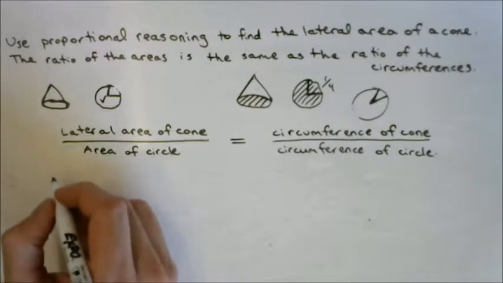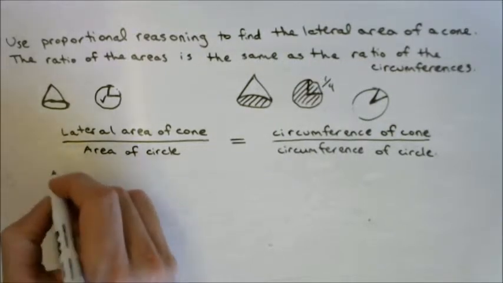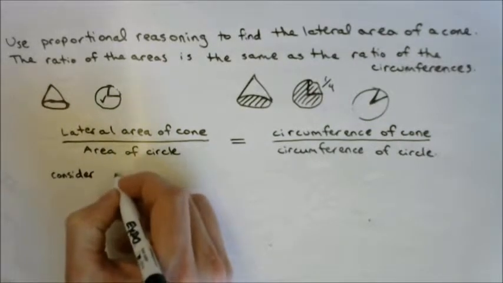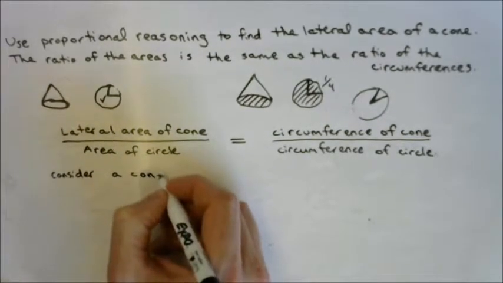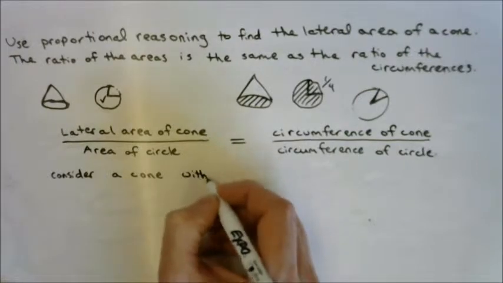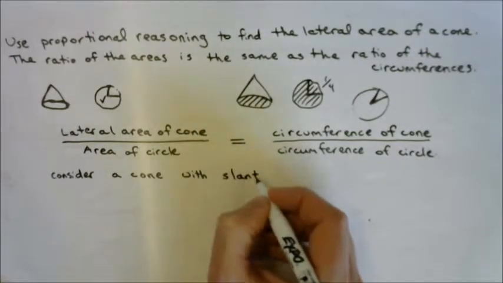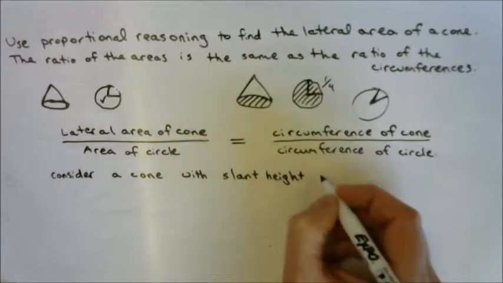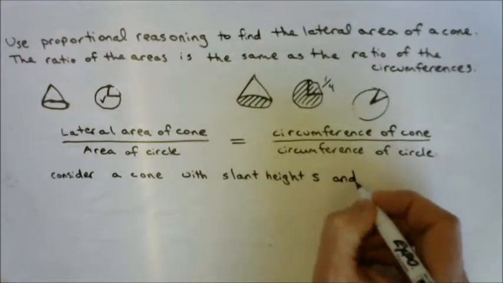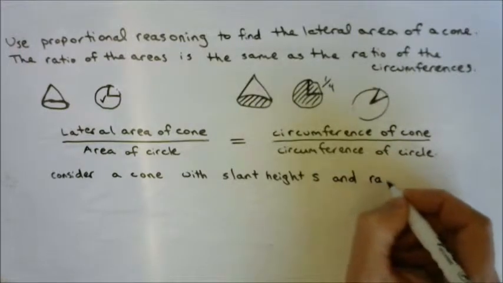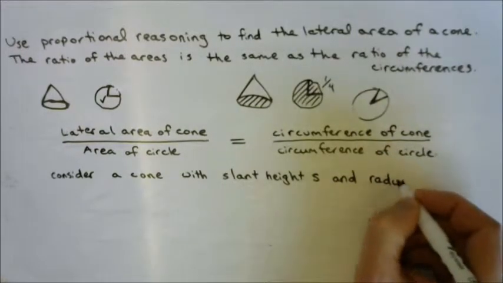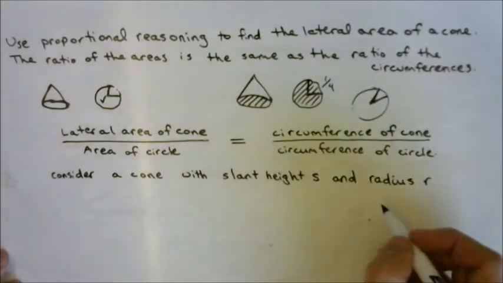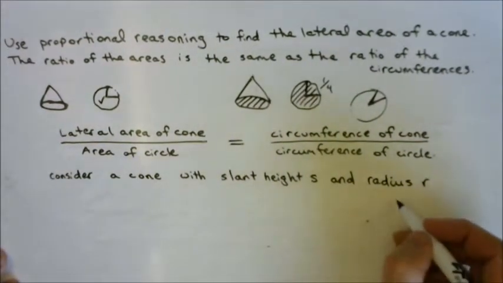Okay, here we go. This part is going to get a little bit confusing. Please try to follow along. So we are going to consider a cone with slant height s and radius r. So what have we done? All we've done so far is we have a cone.